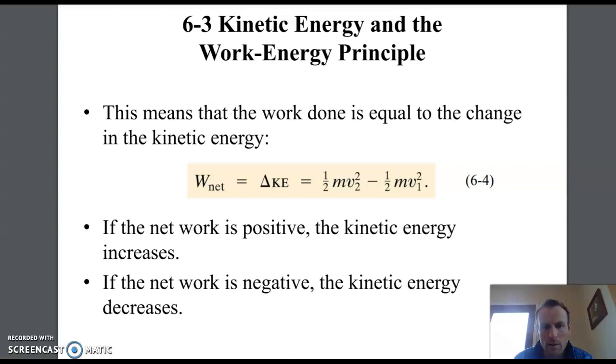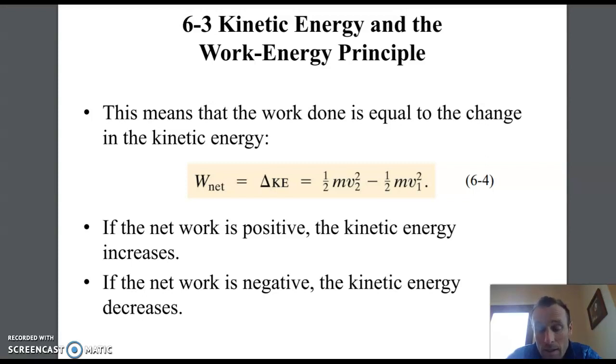Another point I want to make here is that net work can be negative and it also can be positive. And that has to do with the direction of the force involved. If the net work is positive, our kinetic energy is going to be increasing, and like the previous slide, that force was in the same direction as the motion.